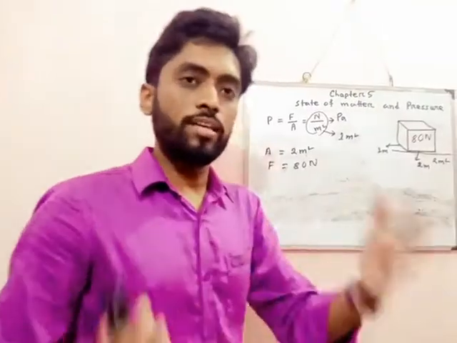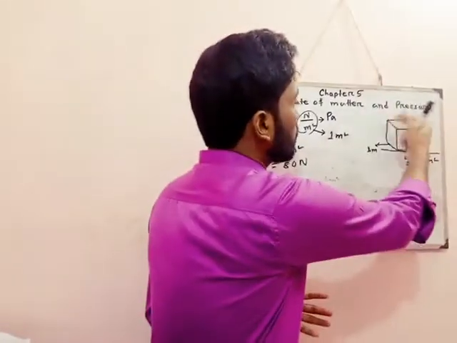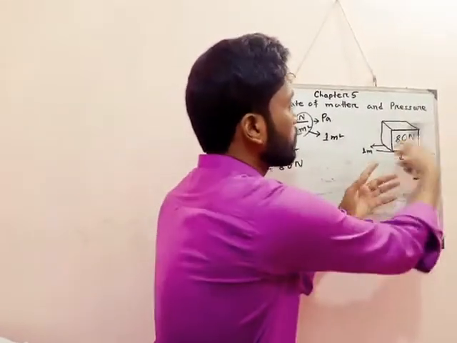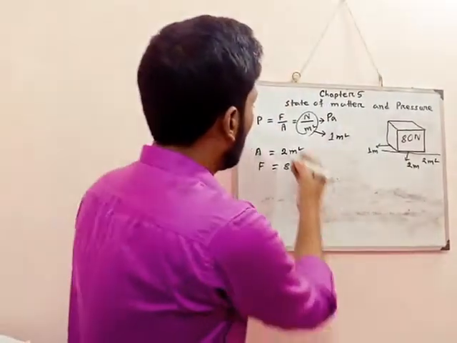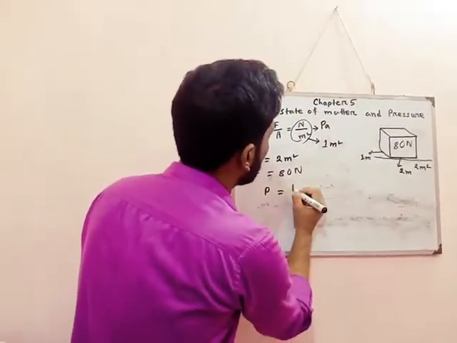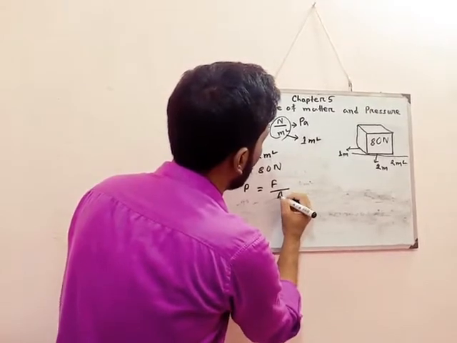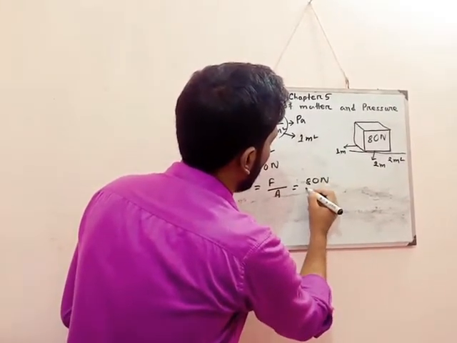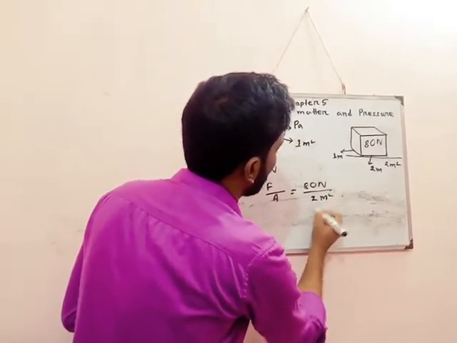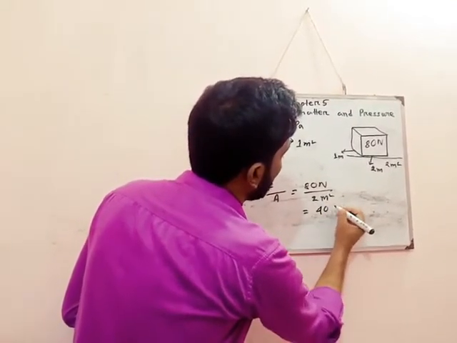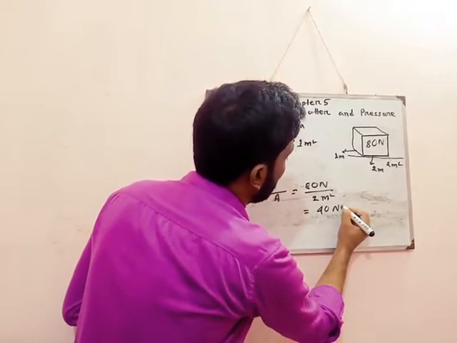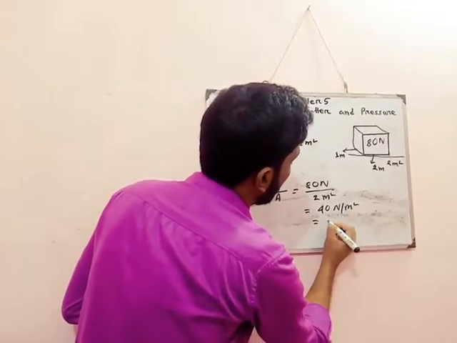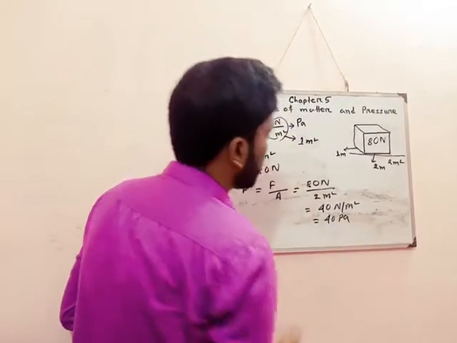So we can calculate the amount of pressure exerted by the box on the table. We know pressure is equal to force divided by area. That is, force is 80 Newton and area is 2 meter square, equal to 40 Newton per meter square or 40 Pascal.